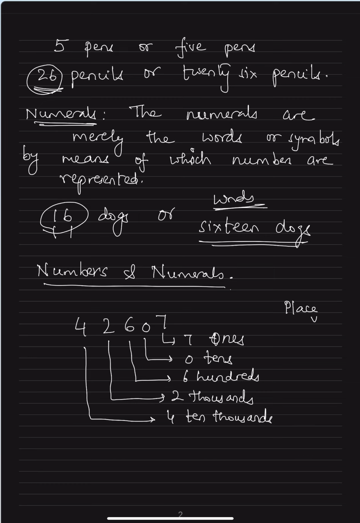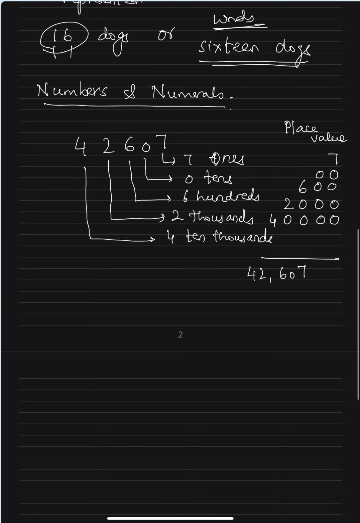Now in place value form, 7 ones is just 7. 0 tens we can write 0, or you can write 00. 6 hundreds, so we will write 600. 2 thousands, so we will write 2000, and we will write 40,000 for the ten-thousands. Now when you add up, you will get the number 42,607. This is a number which you are having in your mind.